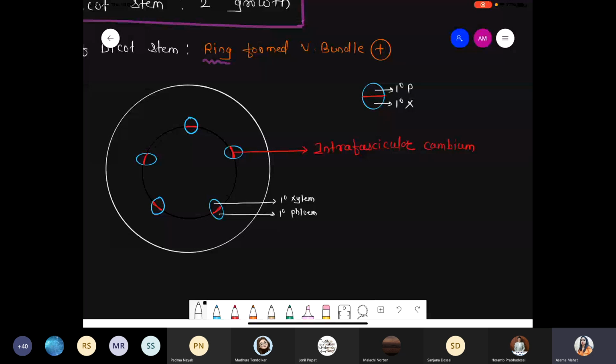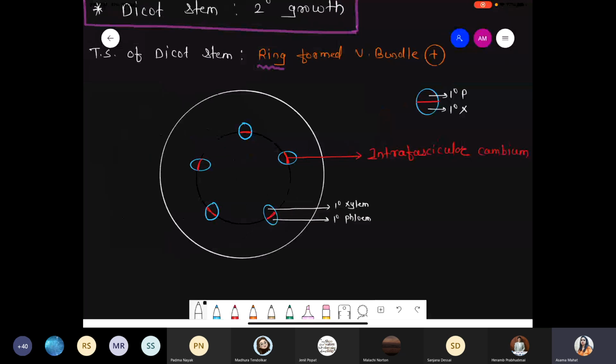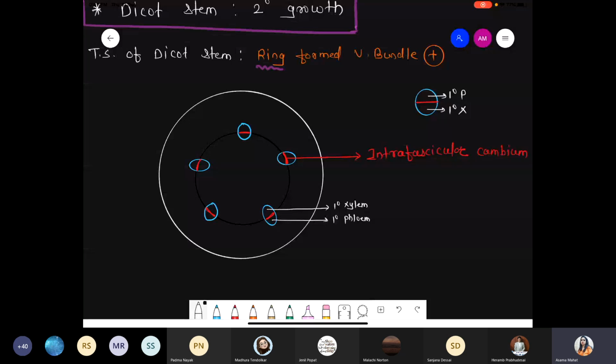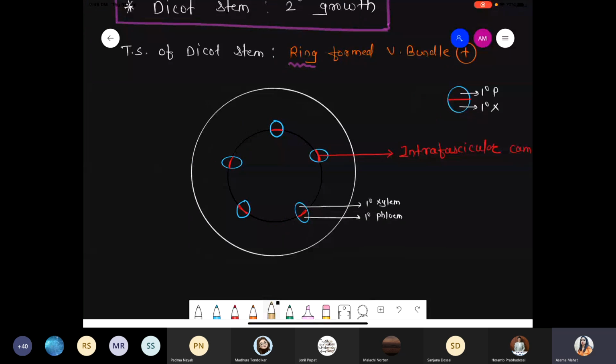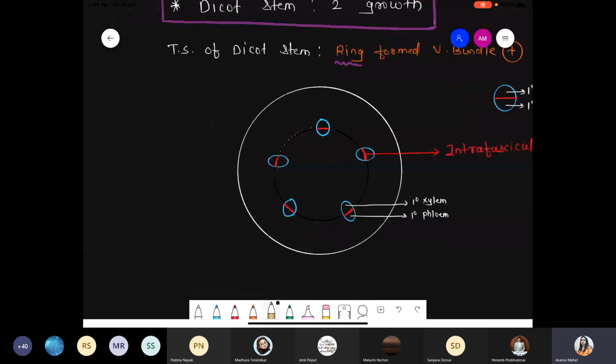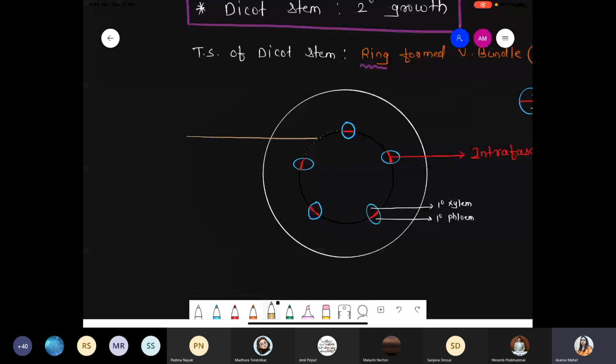Now, next we are talking about interfascicular cambium. So what happened between these two cells like this? Some cells will be present at this point. Here we are giving some dotted line. Now there is a presence of some specific type of cells. These are called medullary rays.